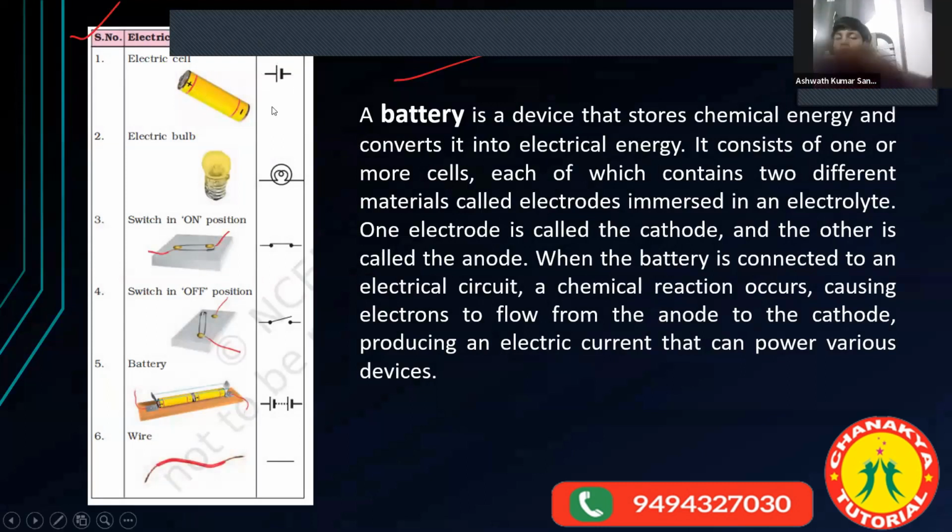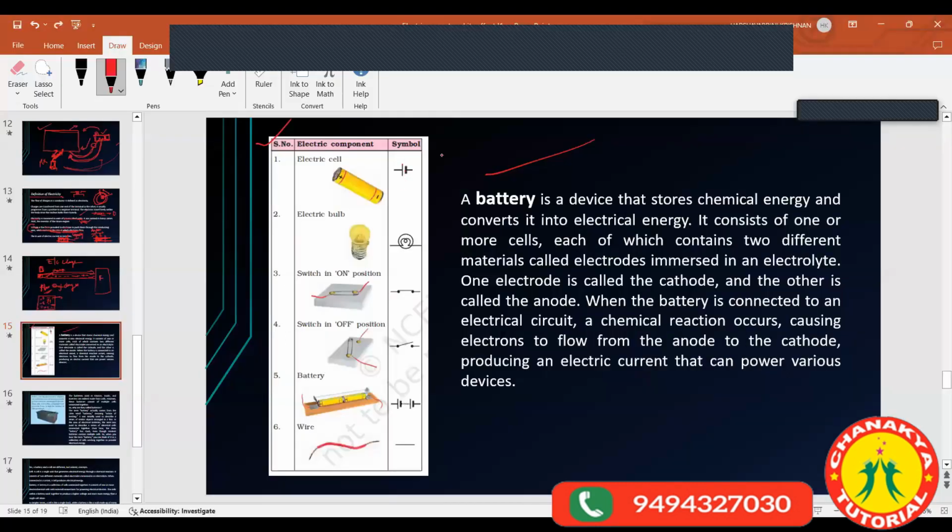The big hand, the long line, is the positive terminal and the small one is the negative terminal.